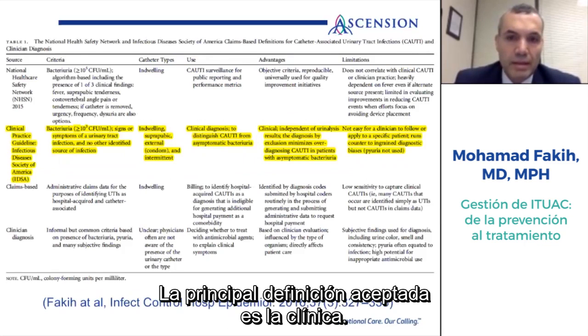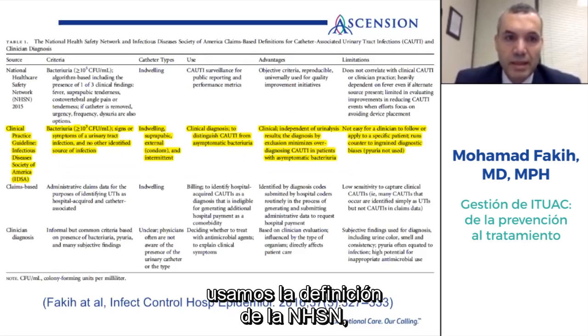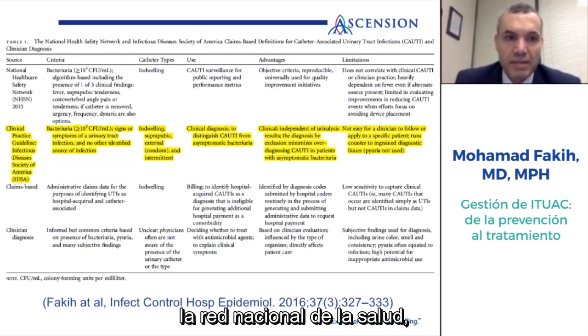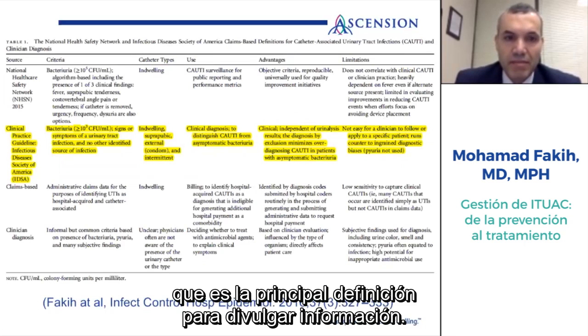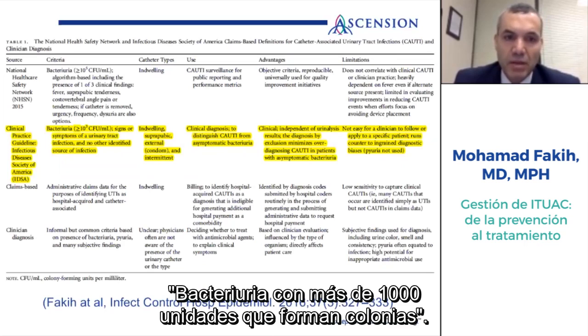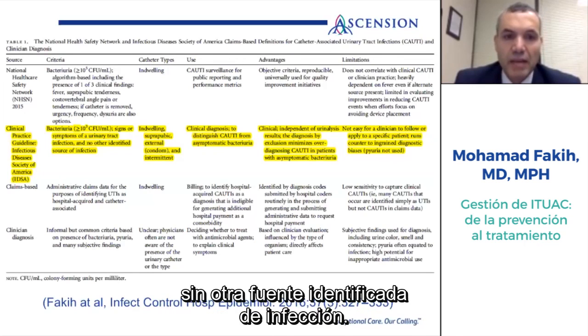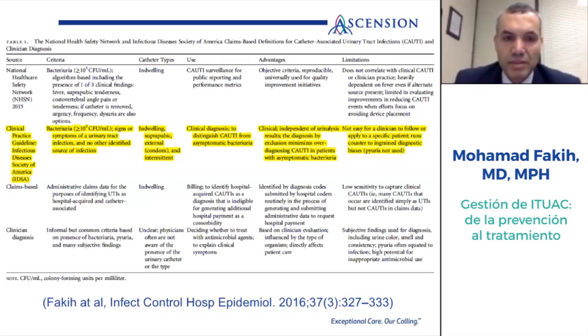The main definition that is accepted is the clinical one, although in the United States we have been using the NHSN, the National Healthcare Safety Network definition, as the main definition for public reporting. The clinical definition says bacteriuria more than 1,000 colony-forming units and signs or symptoms of a urinary tract infection and no other identified source of infection.